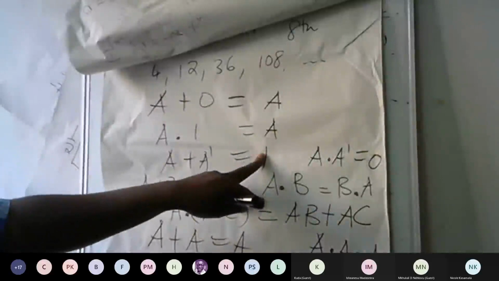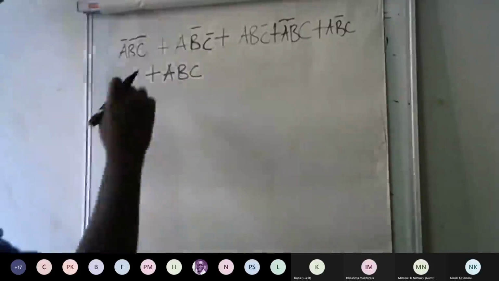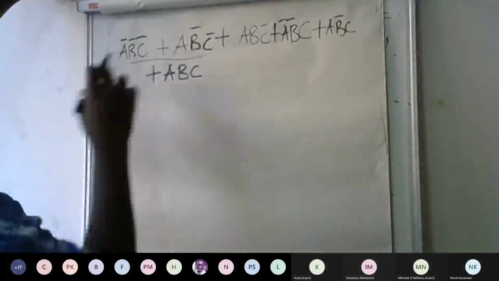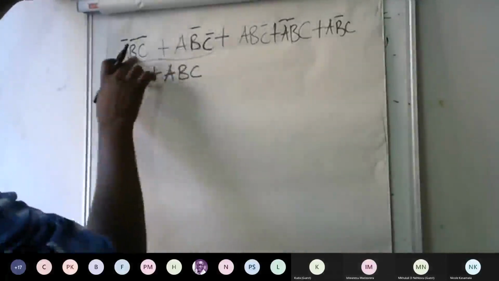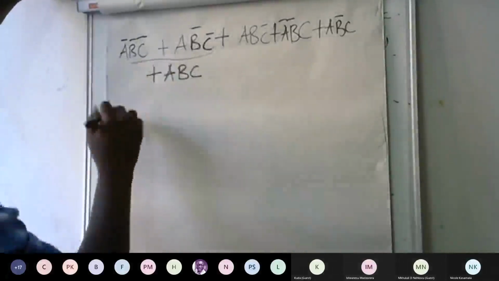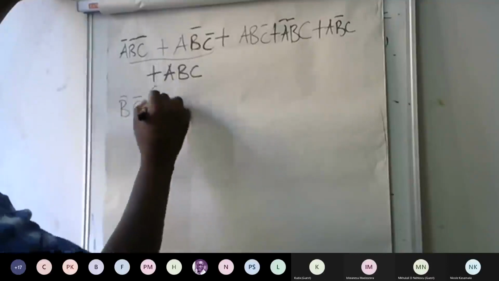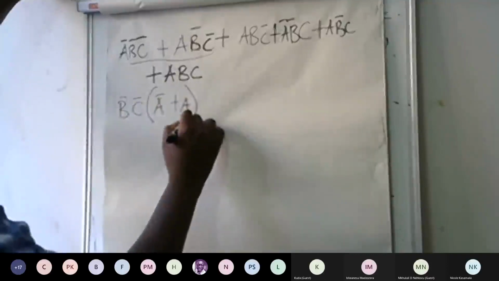So I can use that same fact to play around with this. If I'm using these terms, I can factor out B complement C complement. If I factor out B complement C complement, I will have inside A complement plus A. Then it means I've dealt with the first two terms.